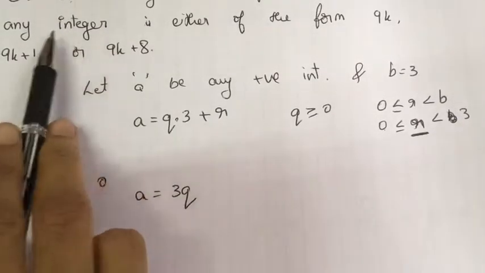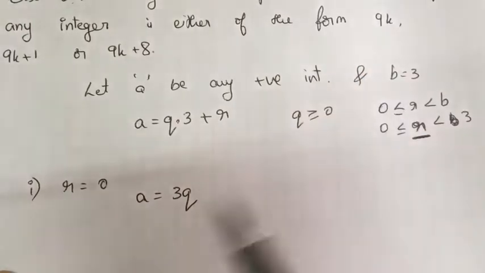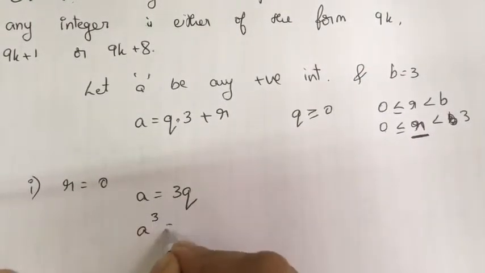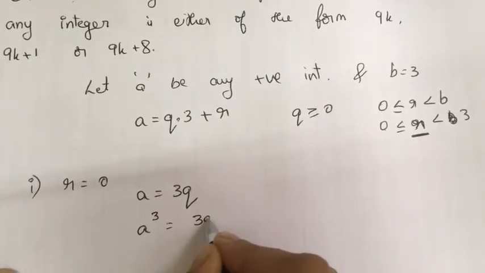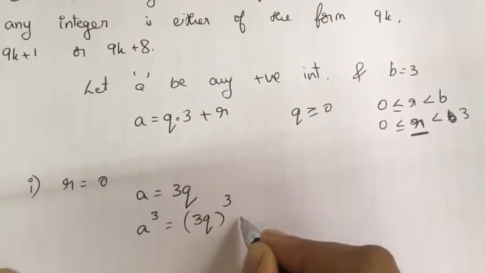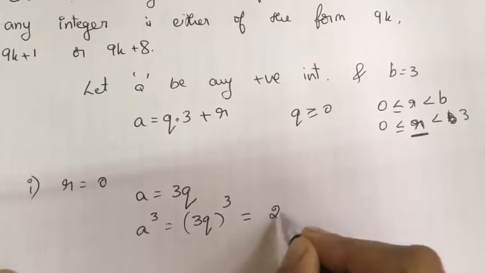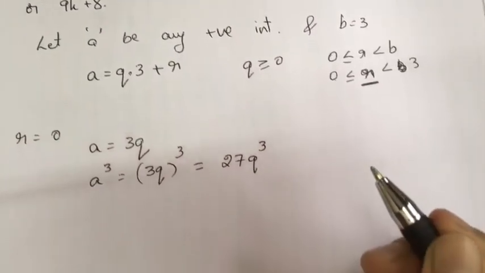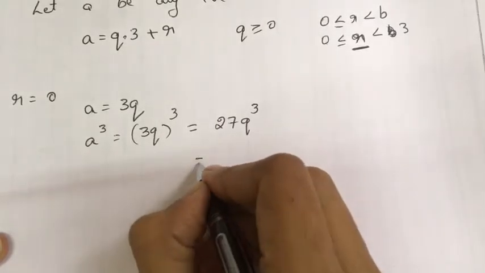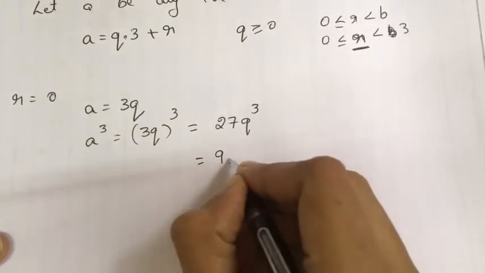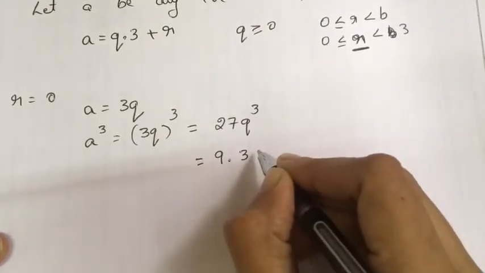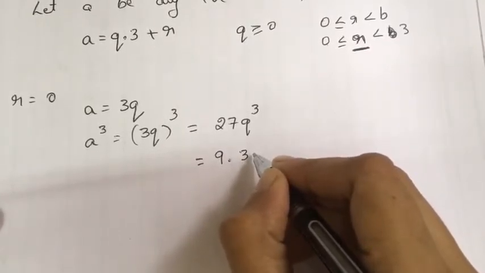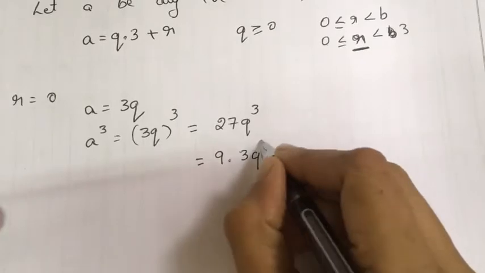Then I have to show the cube of the integer. So this is my integer, I have to take the cube. So a cube is 3q whole cube, which is nothing but 27q cube, which can be rewritten as 9 into 3q cube.